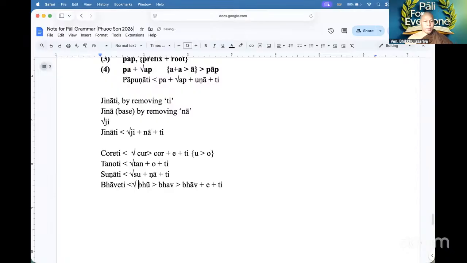In this way it can be understood. So this one is because of this A sign. And then that root Bu, now we need to notice, in the root Bu, U is changed to the O. So the root itself has a nature of that one. We need to notice. But because of this A, this O becomes the AV in this way.